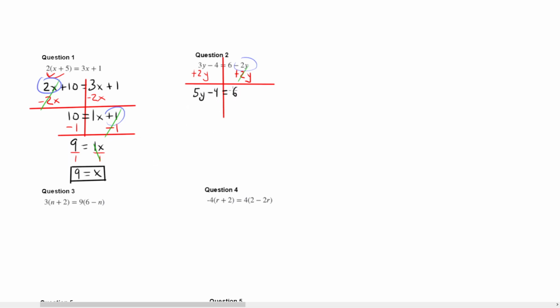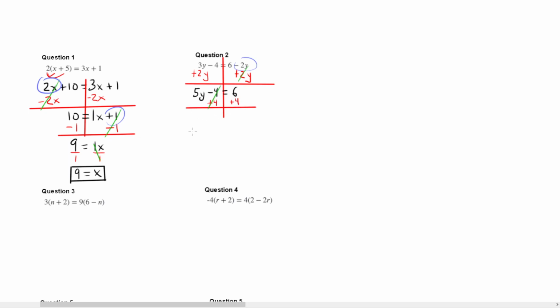Now, just like last time, I want this y, this term by itself, who's bothering it, the 5 and the -4. So let's work our way in towards y and take the guy who's farther away first. So let's tackle this -4. So the opposite of -4 is going to be positive 4.